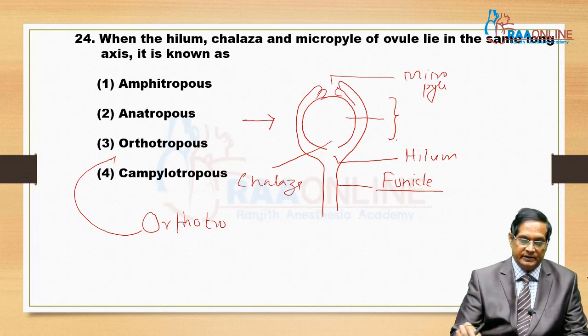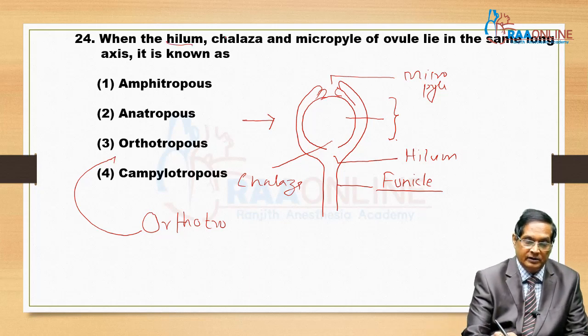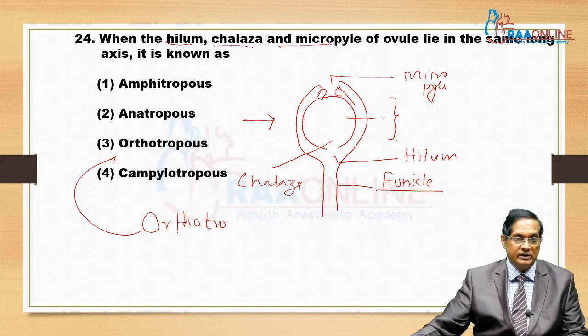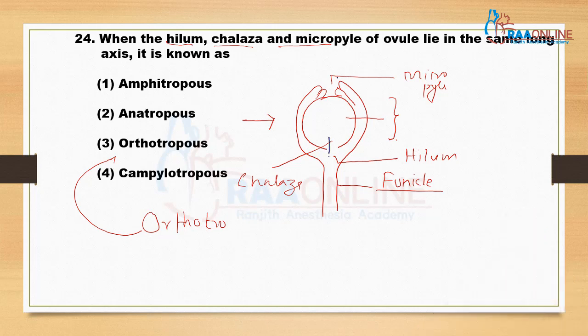Second, see this one: hilum, chalaza and micropyle are on the same longitudinal axis. This is the hilum region, this is the chalazal region, this is the micropyle. That's why the answer is orthotropous ovule.